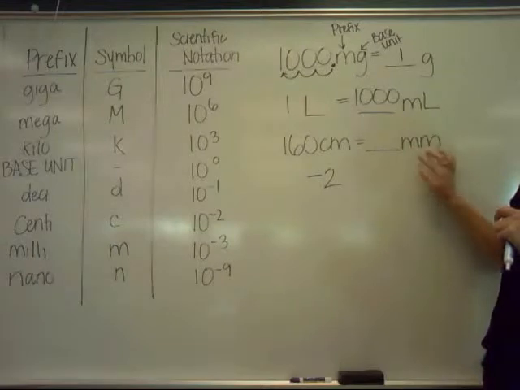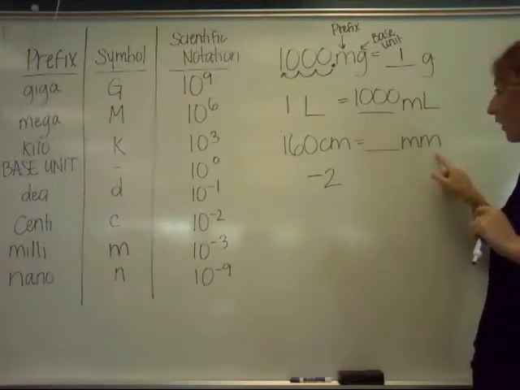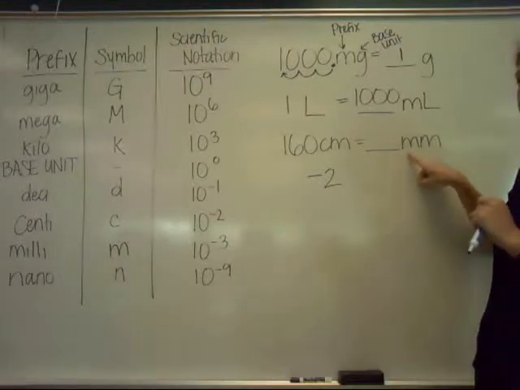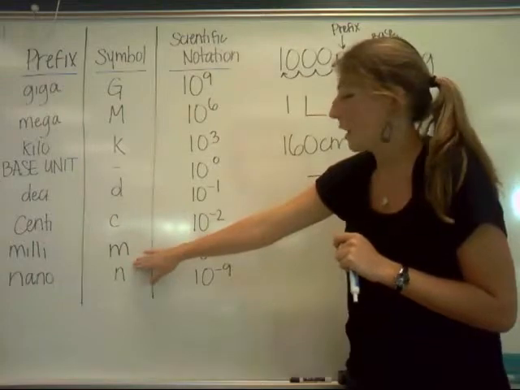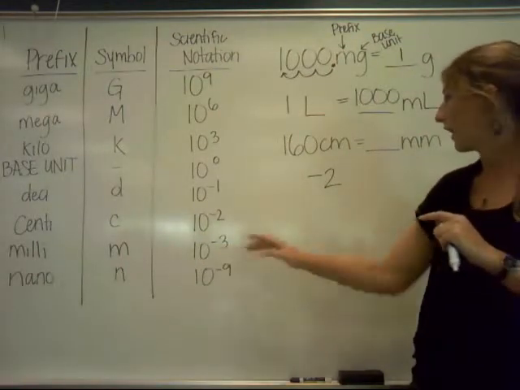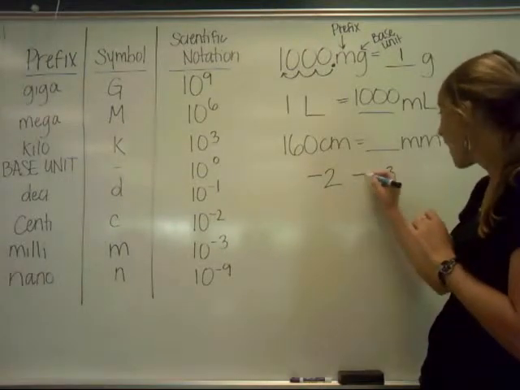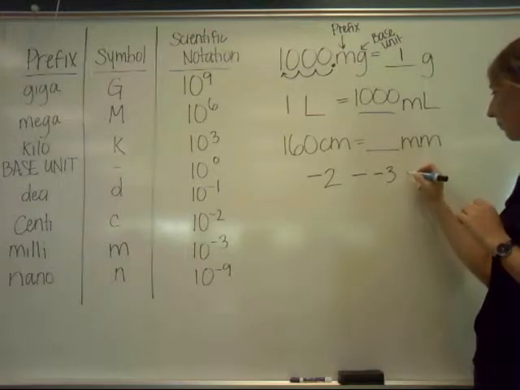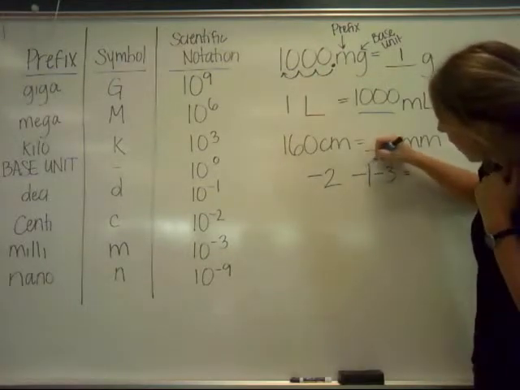Okay? Now I have 2 letters right here. One's an m, the other one's an m. This one is my prefix. It's in front, the first m. So I'm going to go over here. I'm going to look for m. I'm going to go over and find it in scientific notation, -3. So that means -2 minus a -3. Okay? These are 2 negatives. They're going to become a positive.